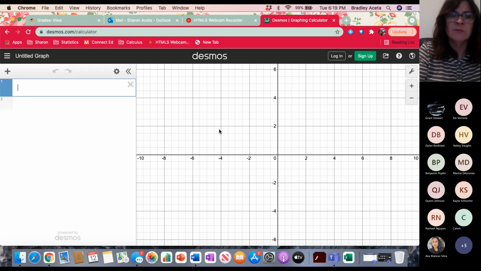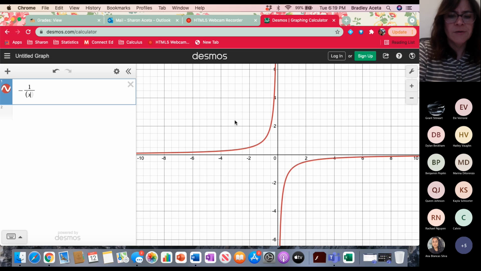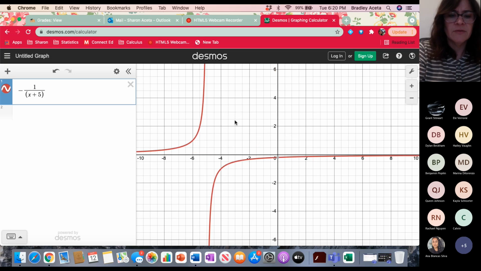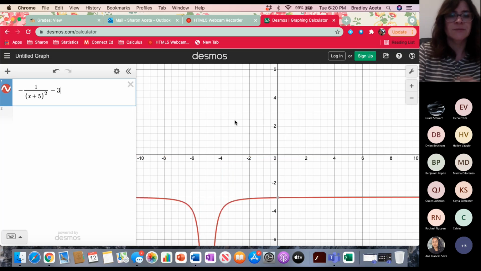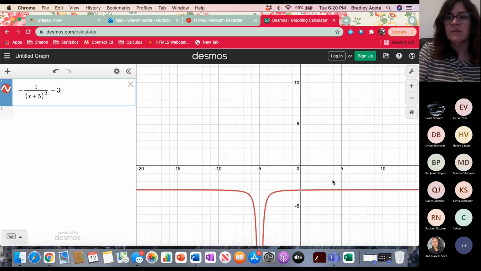So let's just take a look at this on Desmos. Hopefully it works for me tonight. Please be kind. -1 divided by x plus 5 squared. See, there's that volcano. And then I move my cursor over and then I put -3. And there you go. You can see right here, they gave you a point. That was nice of them.